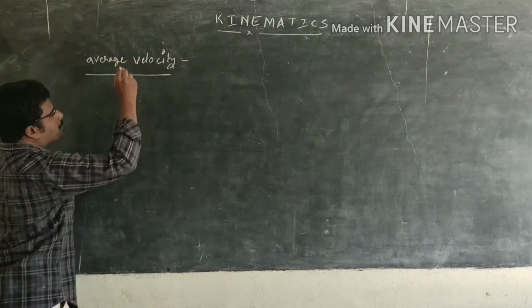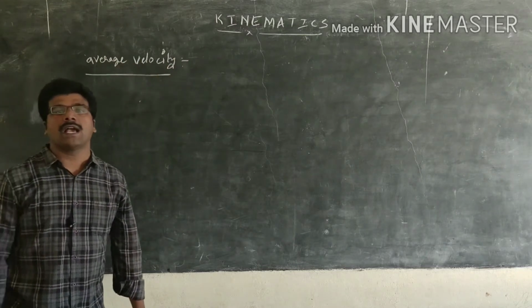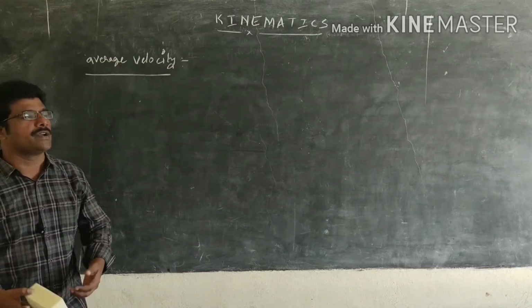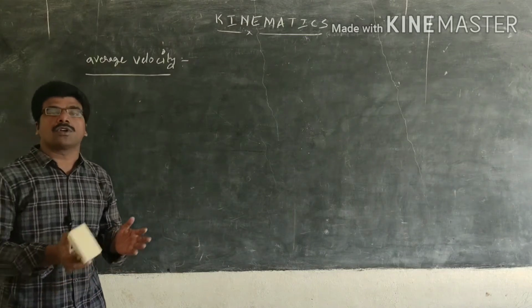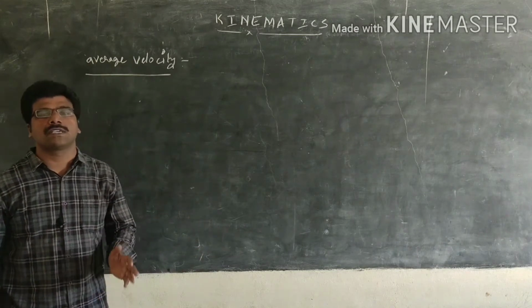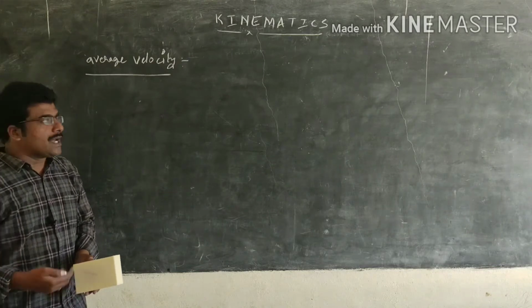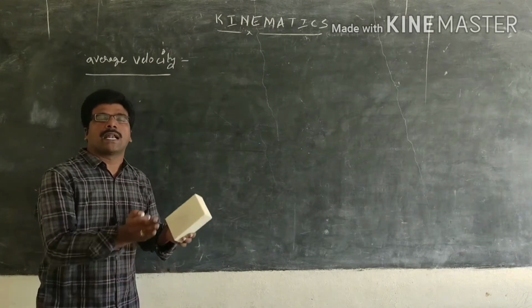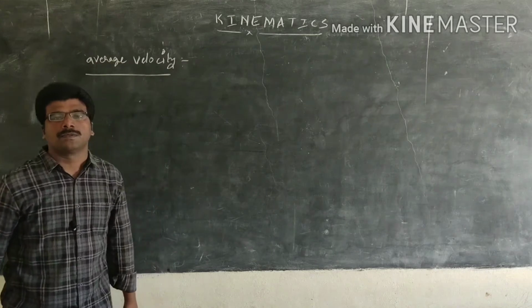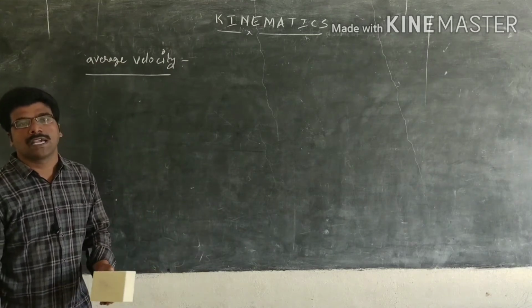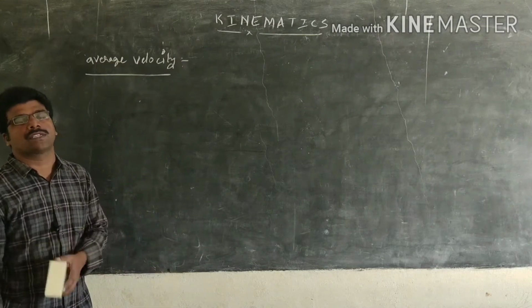So, what is the difference between average velocity and velocity? When are we going to calculate average velocity and when are we going to calculate velocity? Velocity is calculated at a particular instant of time, so it is also known as instantaneous velocity.